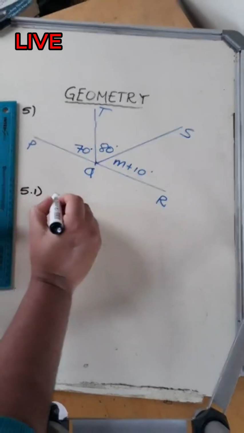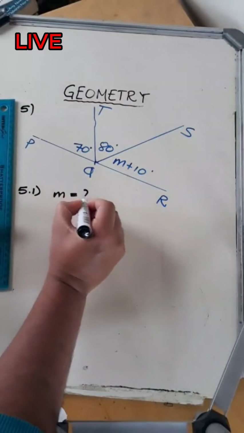This is question 5.1. They ask us what is the value of M.